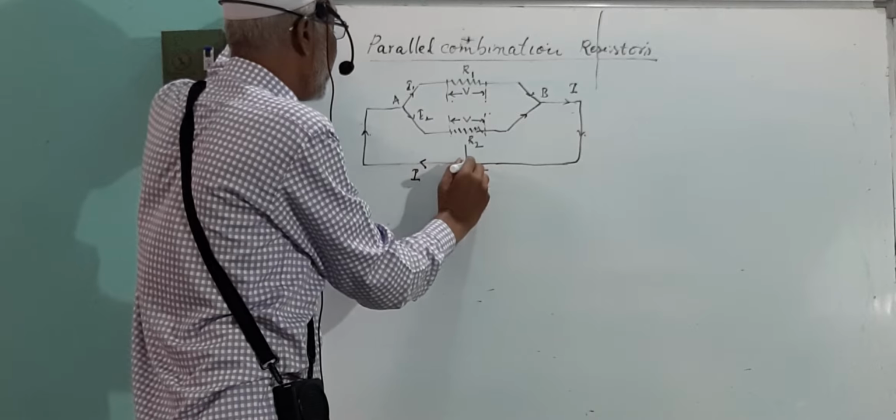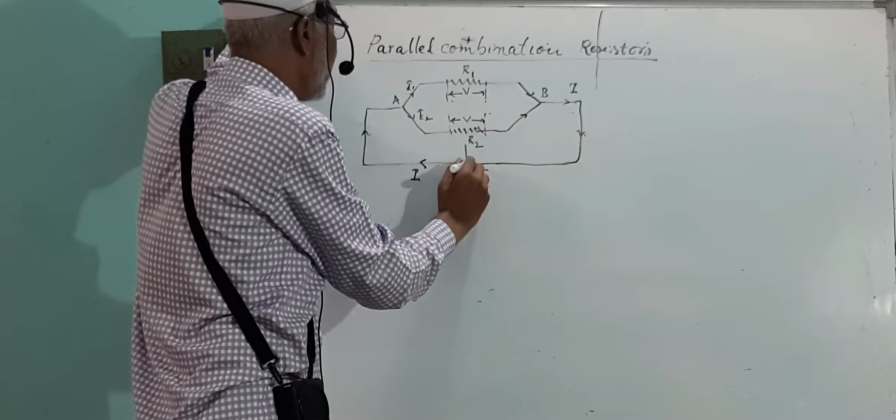So you see that the essential component of this definition is that there should be two given points, and a minimum of two conductors. These two conductors you have to connect between two given points. If you arrange like this, we say it is a parallel combination.